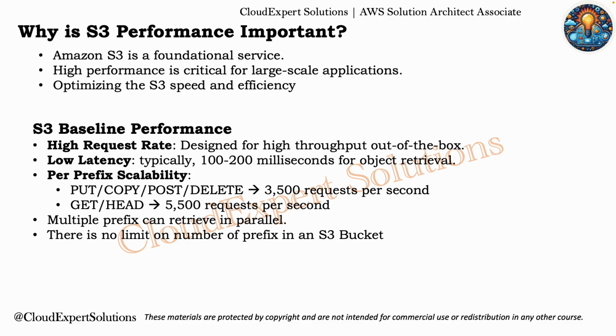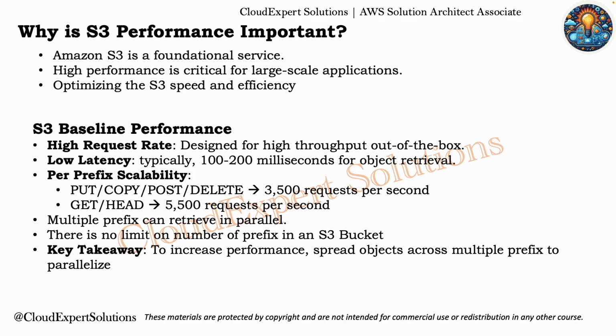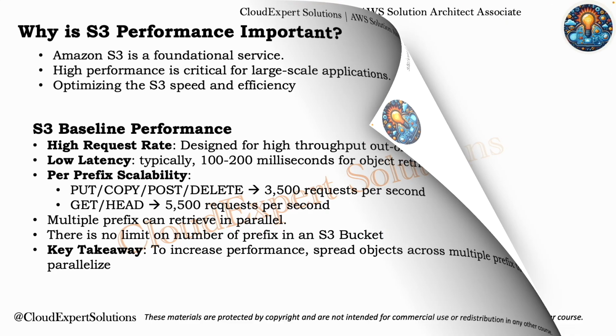There is no limit on the number of prefixes you can have in your S3 bucket. The key takeaway for the exam is that to increase your request rate, you must distribute your objects across multiple prefixes. This will allow S3 to partition your data and scale your performance horizontally.